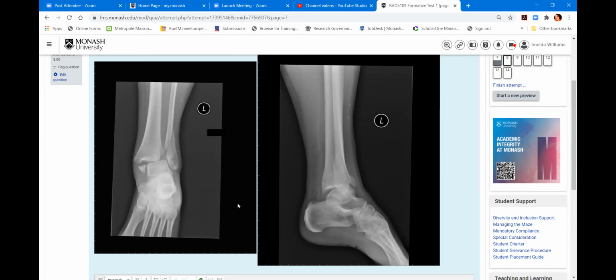So your overall comment should be, there is an avulsion fracture of the medial malleolus of the left ankle, as well as a spiral fracture of the lateral malleolus, the lateral and distal fibula, and there is also medial talar shift.